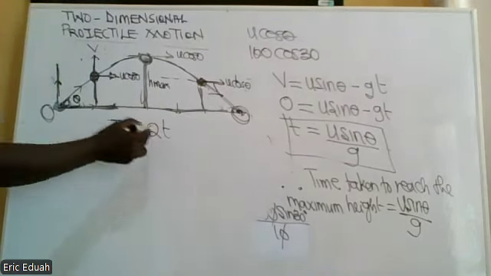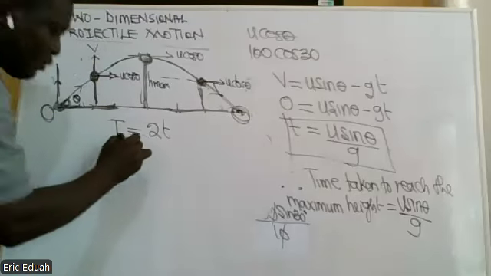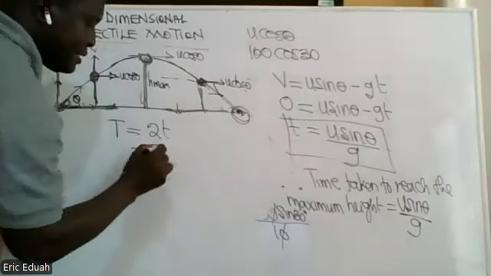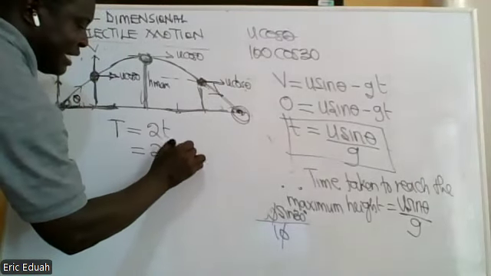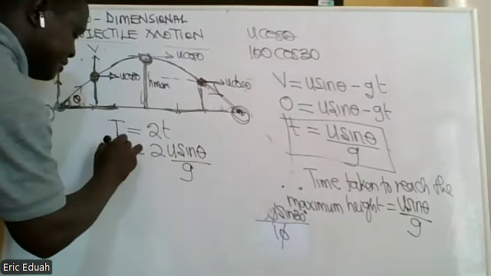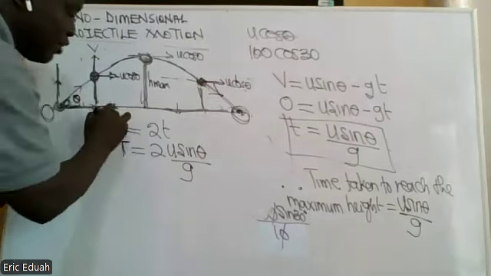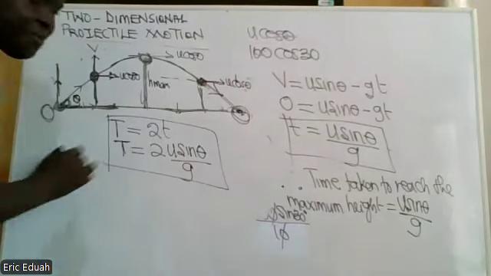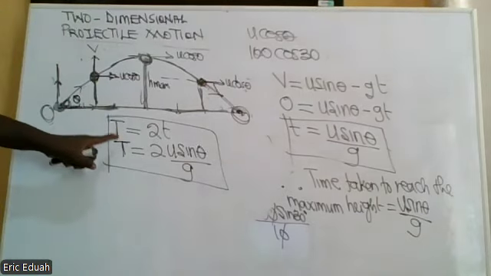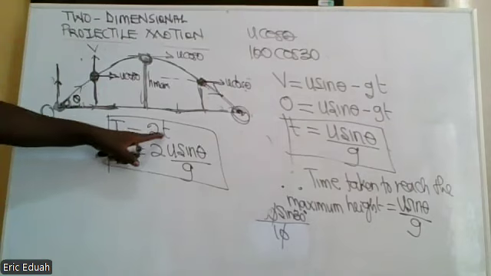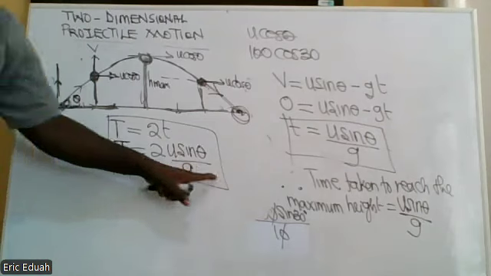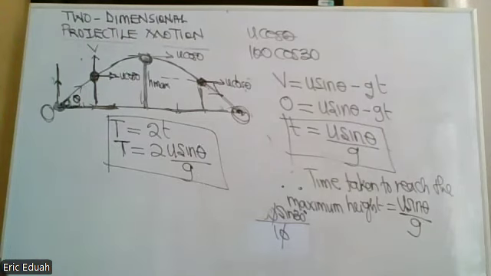Then we can also say that the time of flight is 2u sine theta over g. For ground to ground, when the projectile is shot from the ground and drops on the ground, the time of flight is twice the time taken to reach the maximum height. We have a simple equation for this.